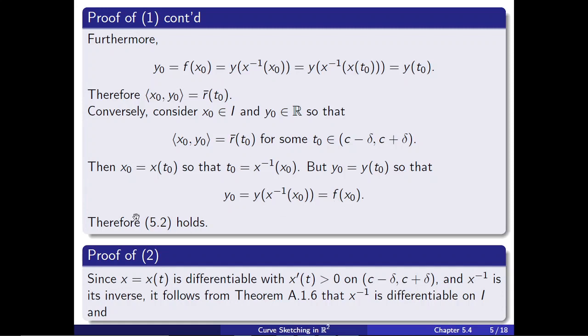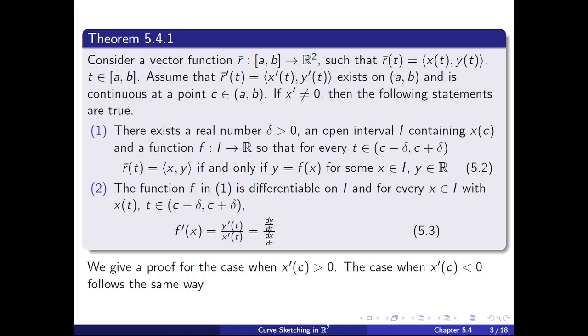So therefore we started off with x naught, y naught equal to r of t naught, and we ended up with y naught equal to f of x naught, and so therefore the converse holds, and so this statement is true, right?